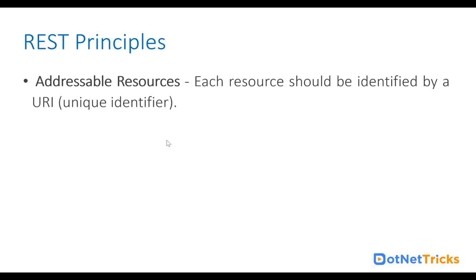But when you make different types of requests, every time the resource would be different. So this is about addressable resources. The URL can be the same for multiple resources, but the URI would be different. A URI can be thought of as a combination of URL plus your HTTP verb. So URL is a subset of URI.